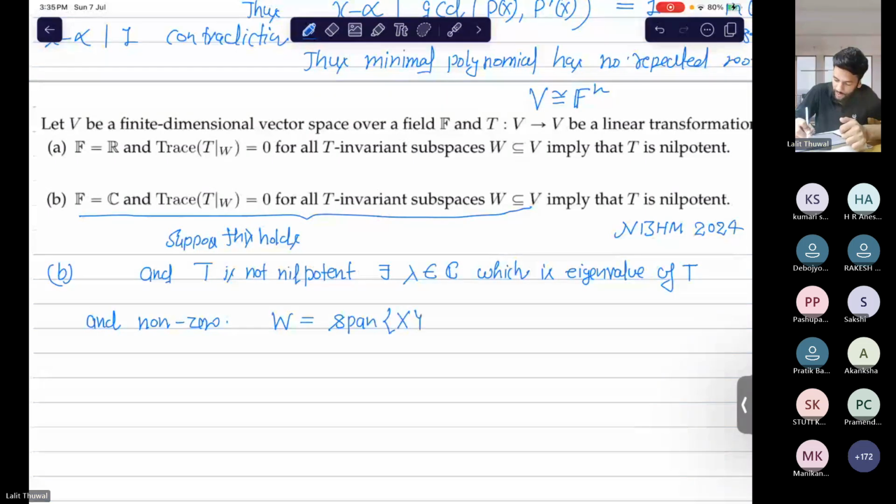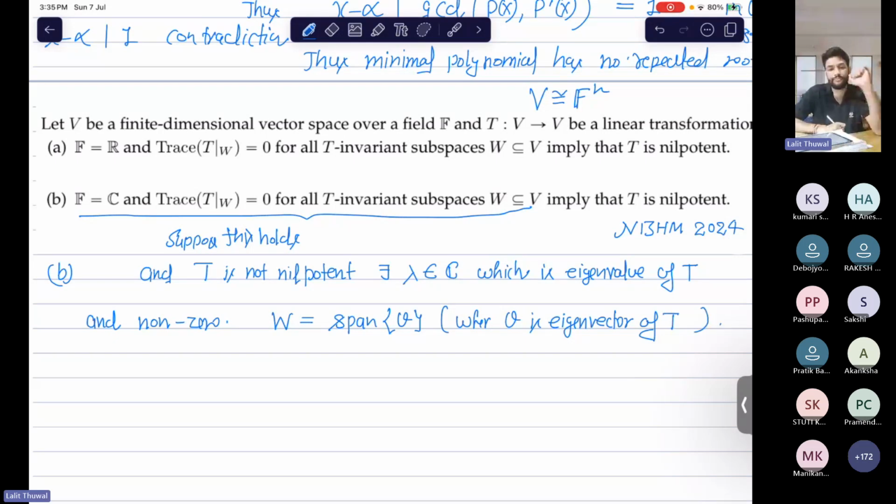X, where X is an eigenvector of T. Let me write it as v. W is invariant. Everyone knows that. Why?